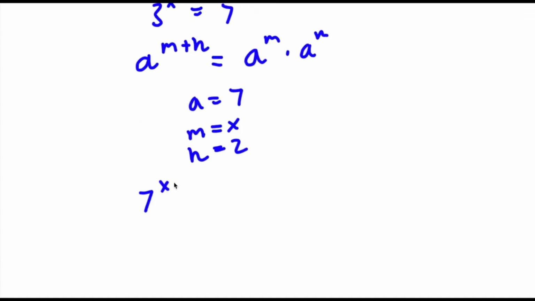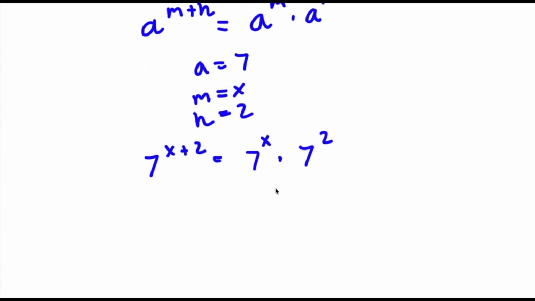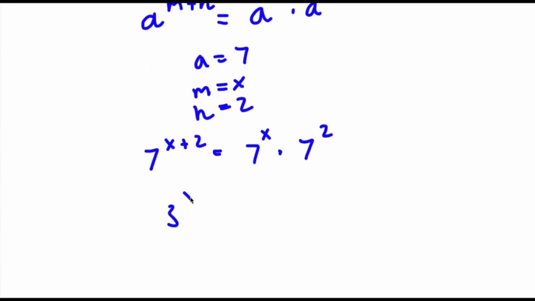So 7 to the power of x plus 2 is equal to 7 to the power of x times 7 to the power of 2. So now putting it all together, I have 3 to the power of x is equal to 7 to the power of x times 7 to the power of 2.